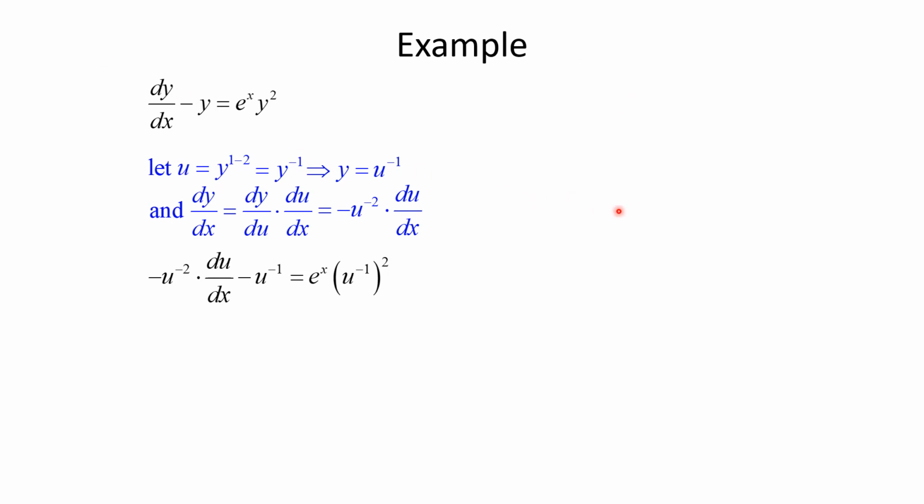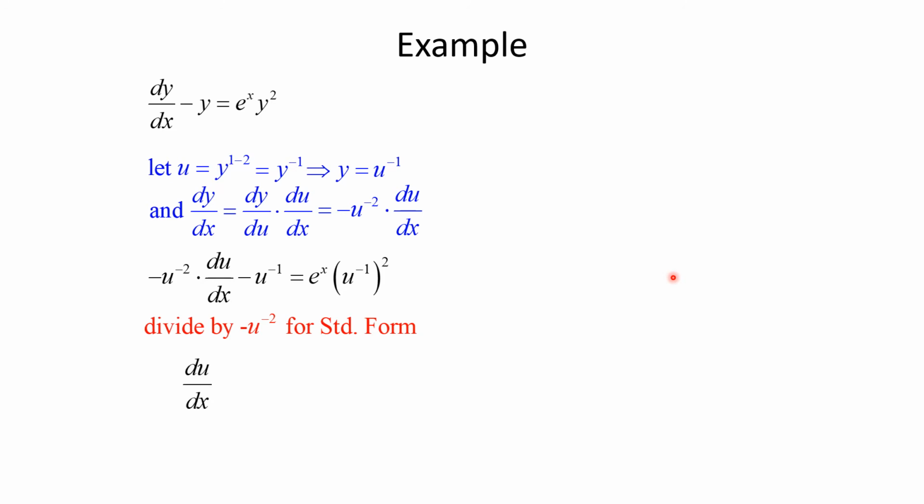So this is a linear equation, and the way that we solve that is by putting it in standard form first. So we're going to divide everything by the leading coefficient, negative u to the negative 2. That'll put us in standard form. On the first term, negative u to the negative 2 will just cancel out, so we get du dx.